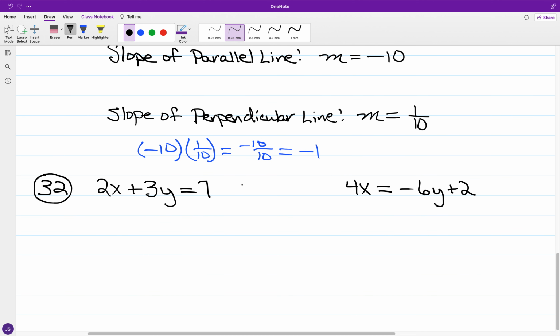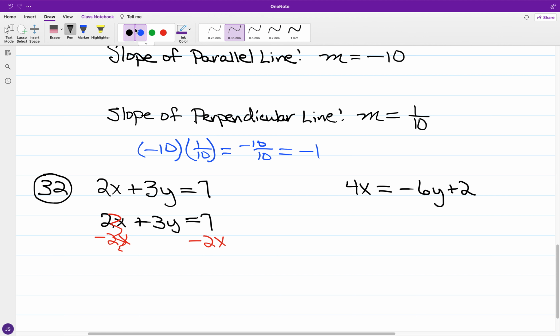And we'll translate these equations into slope-intercept form. So we've got 2x plus 3y is equal to 7, and if we get the y term by itself, I can take 2x and subtract on both sides.